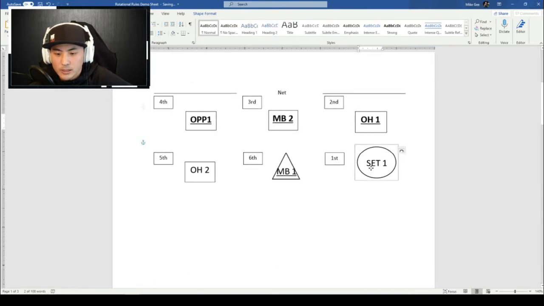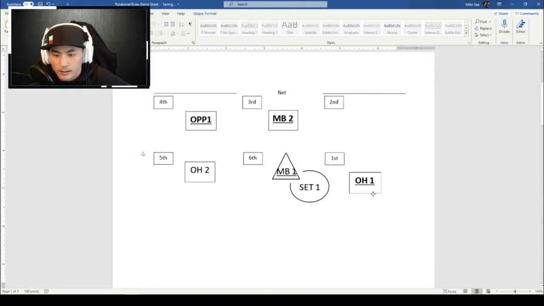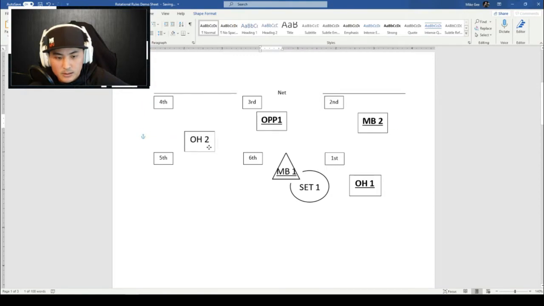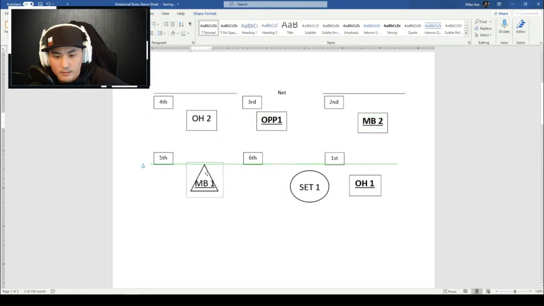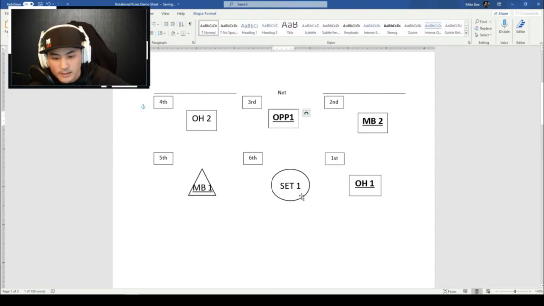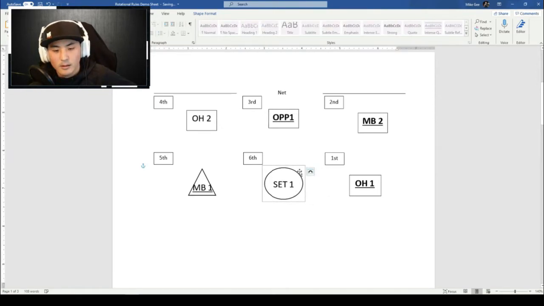As we rotate from one rotation to the next, the skill position players will rotate, and their skill position usually will remain the same, as in I'm still the opposite when we rotate. I'm still the setter, all right? The court position doesn't change, or the service order that matches the zone and court positions.